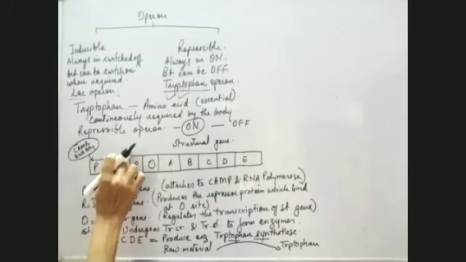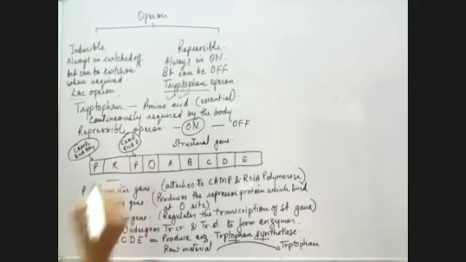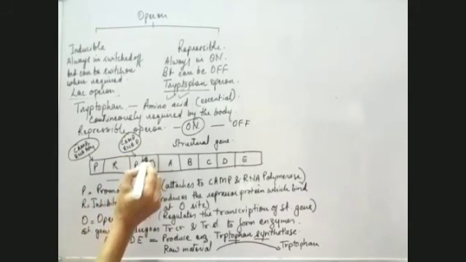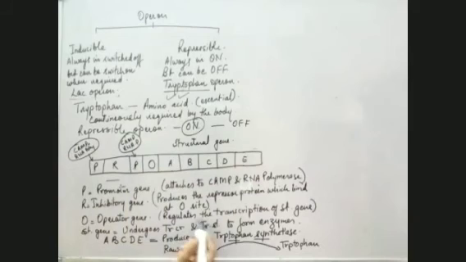Same way, another cAMP and RNA polymerase is attached to this P. When there is no hindrance at the operator site, this RNA polymerase slides over this and produces tryptophan synthetase.